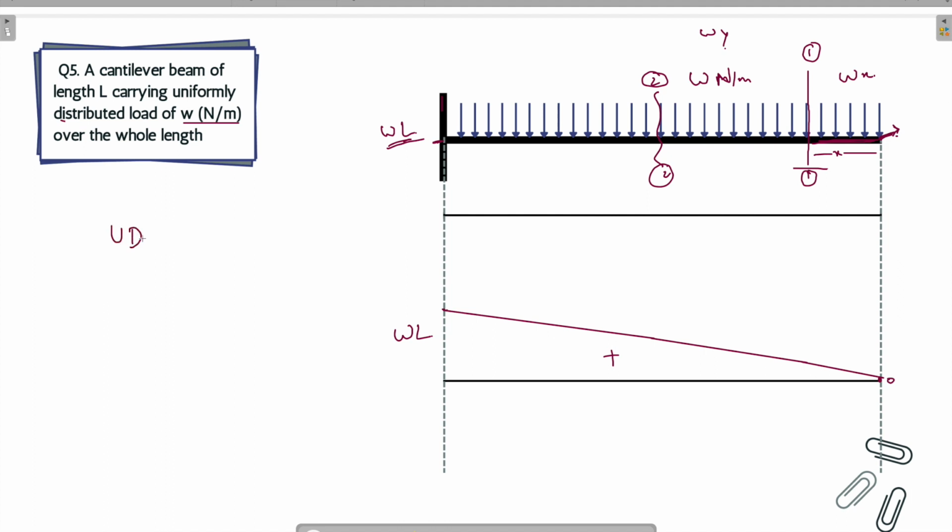So these are the points which you can remember, and this will help you to analyze the beam very quickly. In case of UDL, the SFD varies linearly. In case of concentrated load, there is a sudden change in the shear force diagram. Either it jumps upward or downward, or when there is no loading in the beam, the shear force diagram is constant.